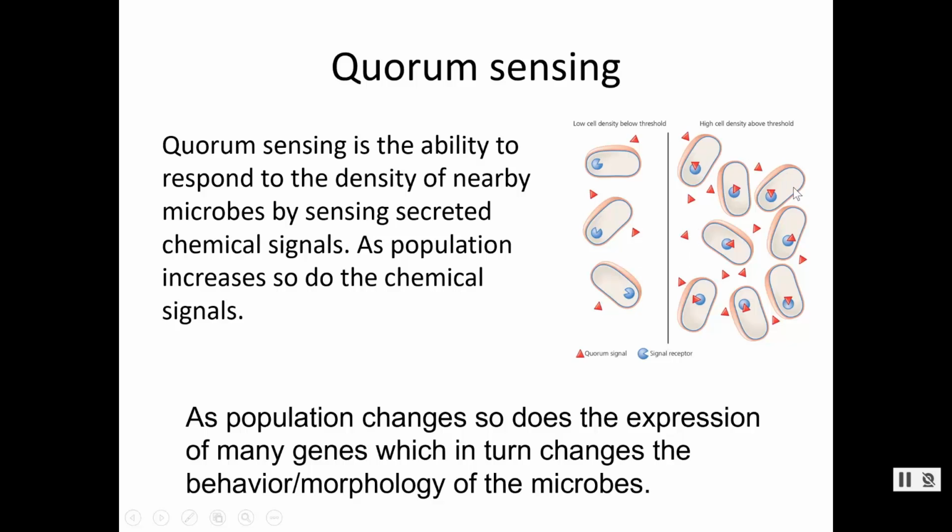So when you have a high density population, you have lots of bacteria secreting these red signals, there's a lot more chance that some of those red signals are going to come in contact with some of these signal receptors. Now we have communication. Now this bacteria knows that there must be a lot of other bacteria nearby.